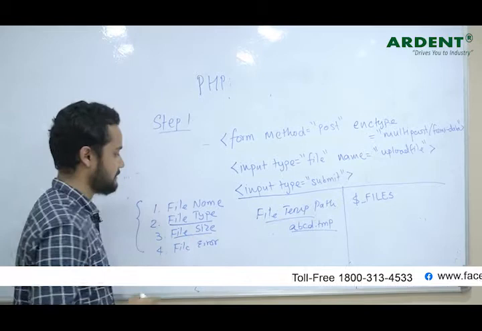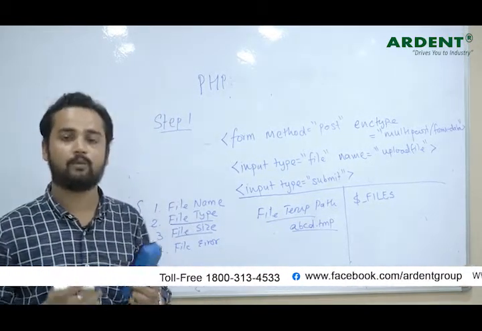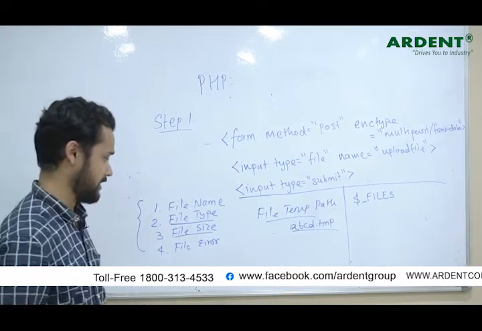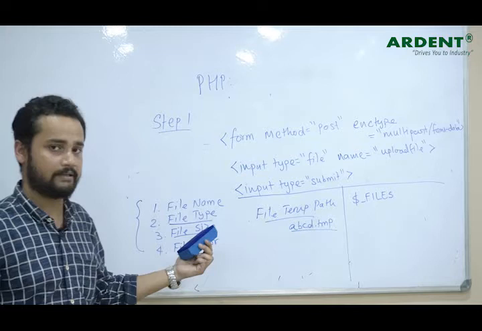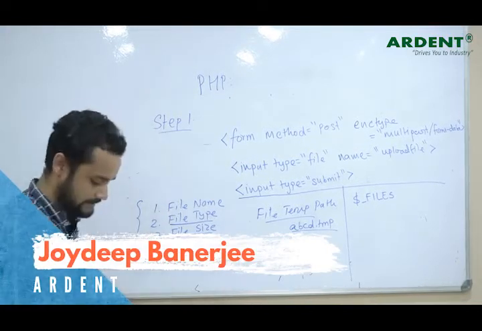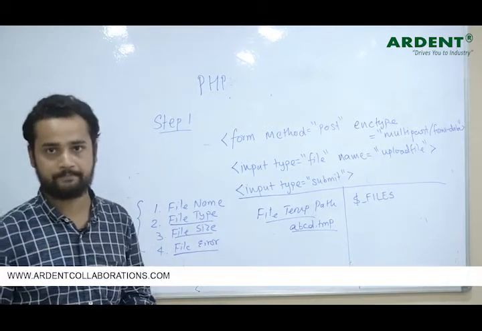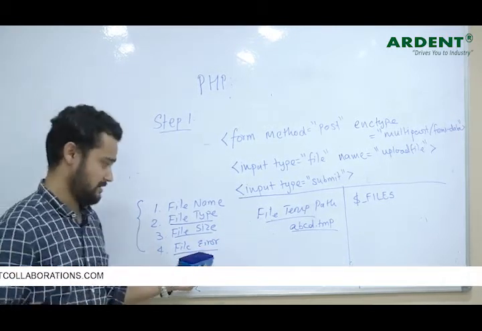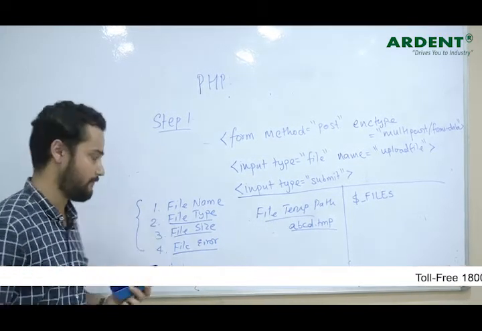File size: if I ask the user to limit the size of a file to 5 MB or whichever size I mention, and the user uploads exceeding that file size, I need to provide that information. File error: what if the server doesn't respond to that particular file, or maybe the file is corrupted? Then we can check all the errors from file error.